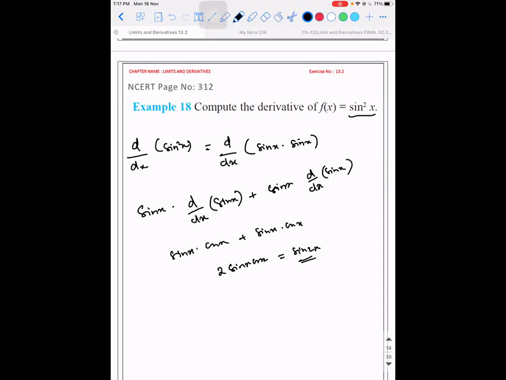So derivative of sin square x is sin 2x. Shall I move on?